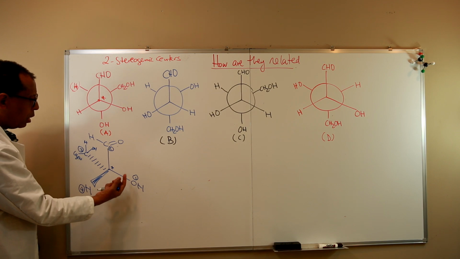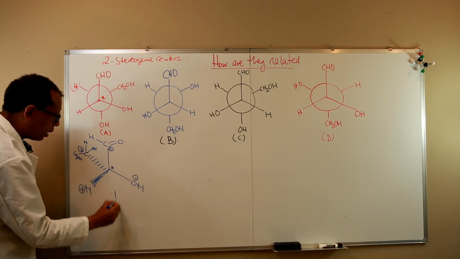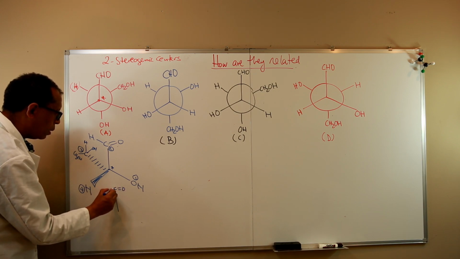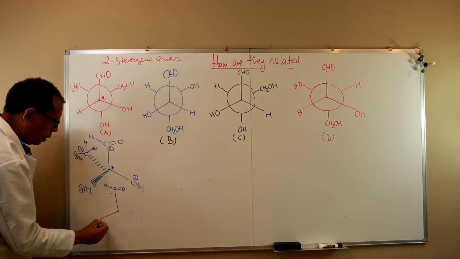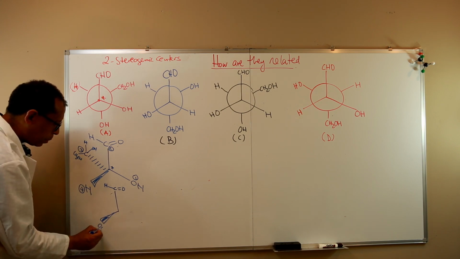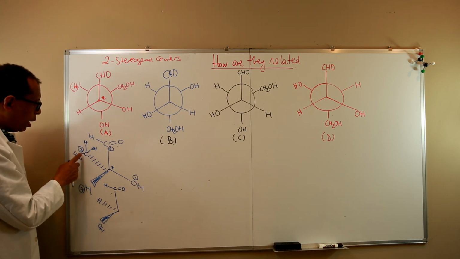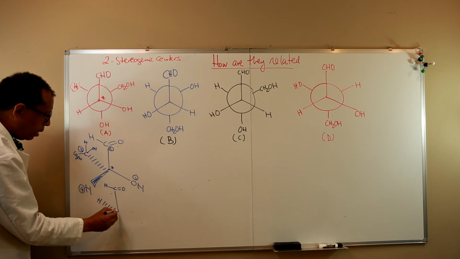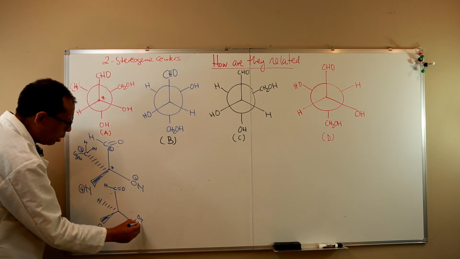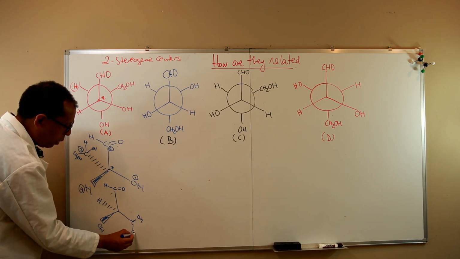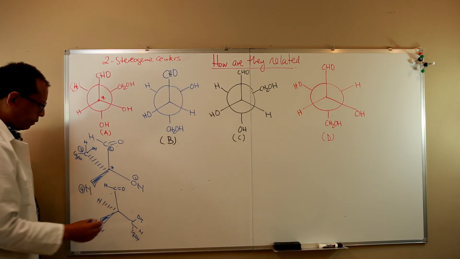So by rotating it to the left, I can redraw this again, keeping that still on the plane and just rotating. OH comes here, hydrogen goes back where I want it to be, and this whole group, group 3, comes on the plane of the board. This is CHO, CH2OH, and hydrogen would be on the plane of the board.